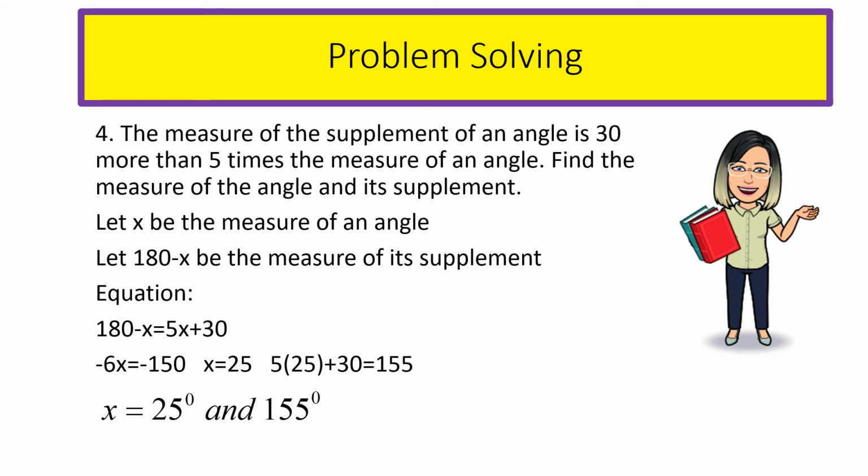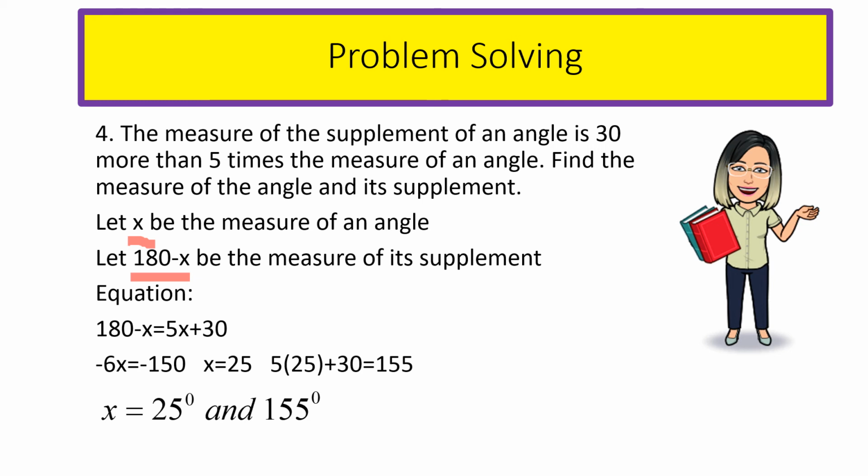The measure of the supplement of an angle is 30 more than 5 times the measure of an angle. Find the measure of an angle and its supplement. Let x be the measure of an angle, and let 180 minus x be the measure of its supplement.